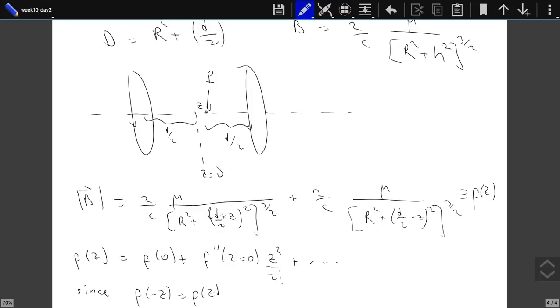Do you agree? I'm interested in the coefficient of z squared, because if I can set it equal to 0, then as a function of z, the magnetic field will be really flat at z equal to 0.